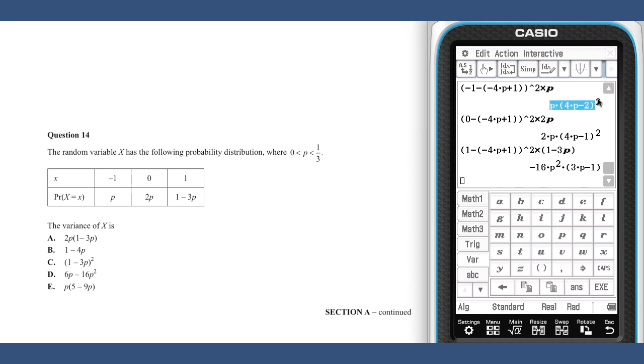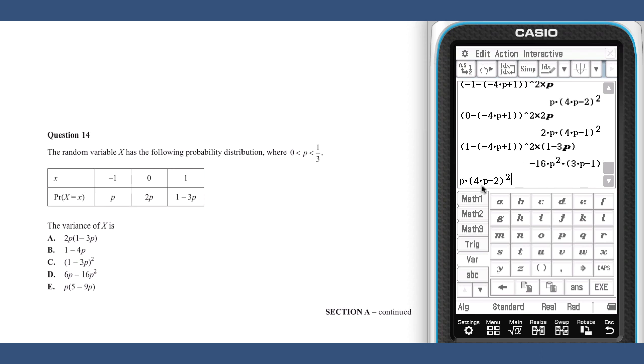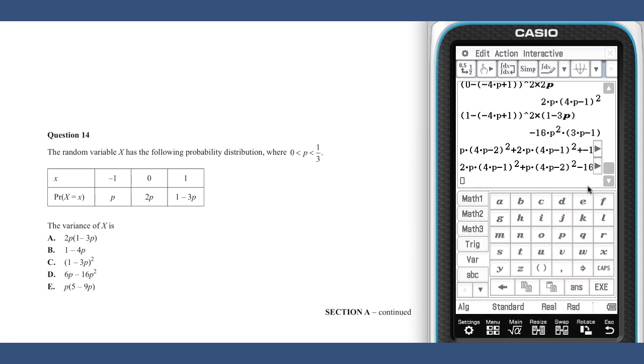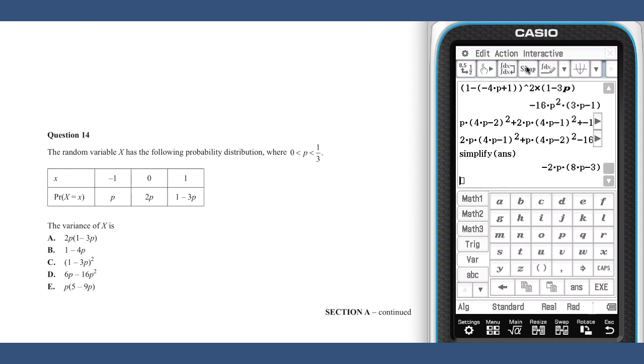Summing these three terms will give us our variance. A simplification of this answer looks like this.